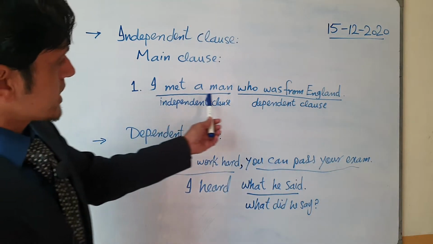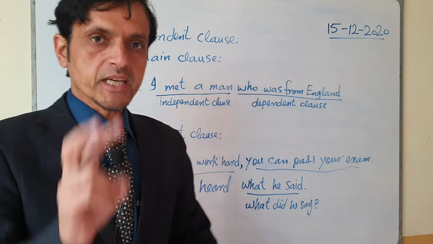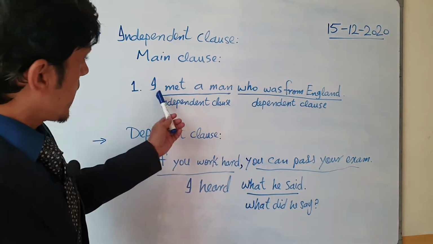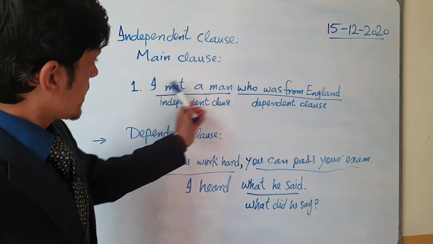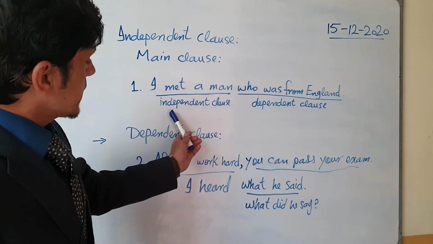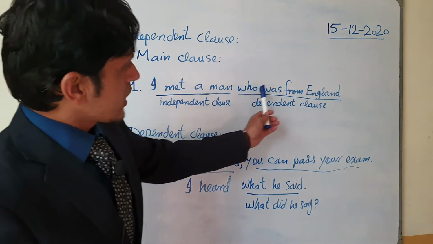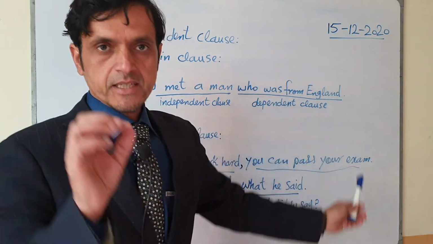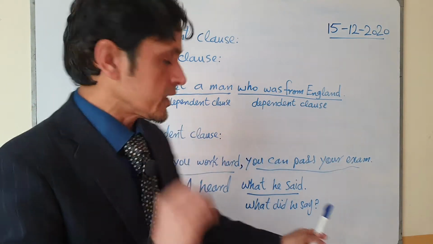Now, I met a man who was from England. Here are two clauses. I met a man, from here up to there, is the independent clause. Who was from England is a dependent clause.